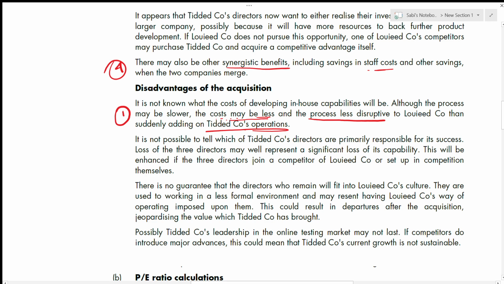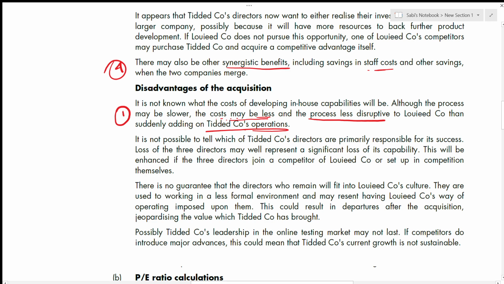Second disadvantage: it is not possible to tell which of TDET company's directors are primarily responsible for its success. You cannot tell out of the five who is primarily responsible. How can you say it is because of this director? You cannot assign it like that. It's very hard to tell which director. So, loss of the three directors. Why? Because out of the five directors, only two will join.